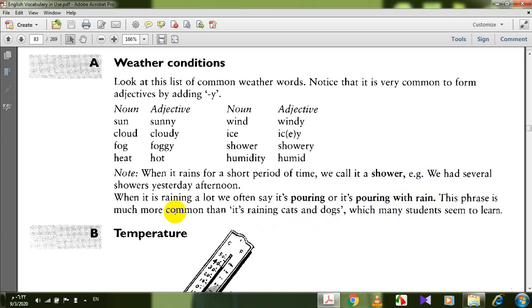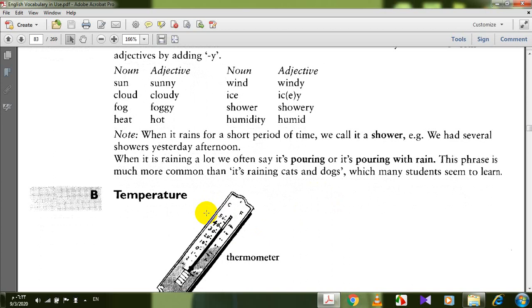Raining cats and dogs is something many students seem to learn, but it's much better for us as learners of English to say pouring with rain, or it is pouring. I think we are done with this, okay?